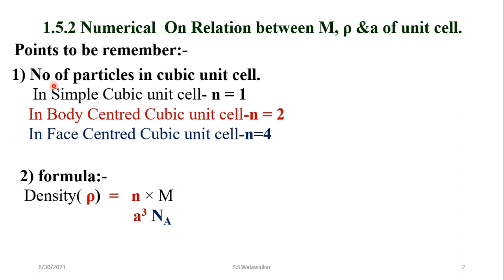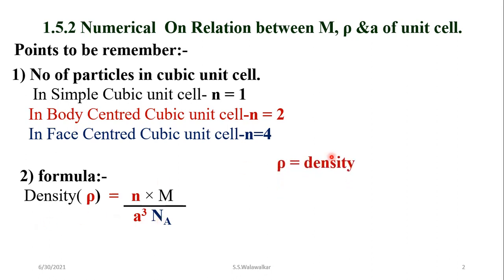Then the second point is that you should know the formula. To solve the numerical problem, you should know the relation between density, molar mass and edge length. And what is that relation? Density is equal to n into M divided by a cube into Na.